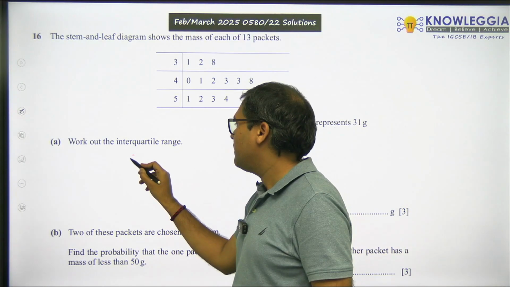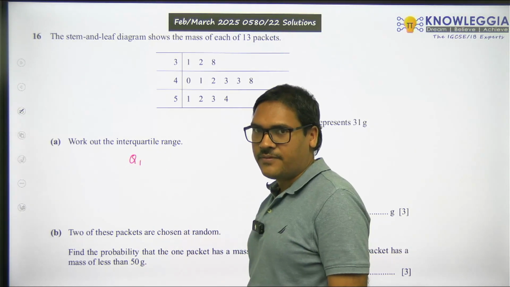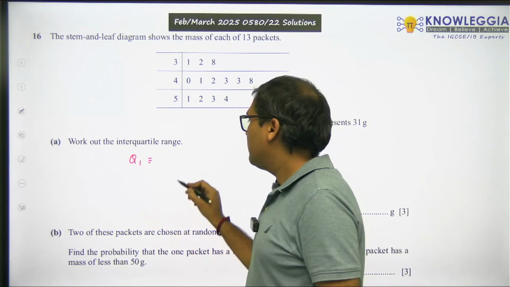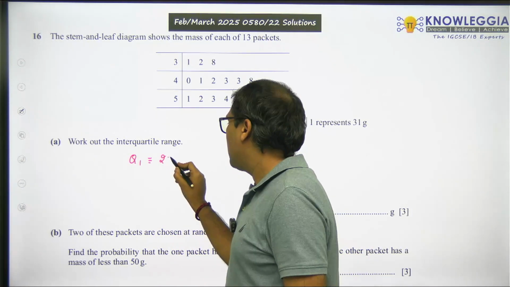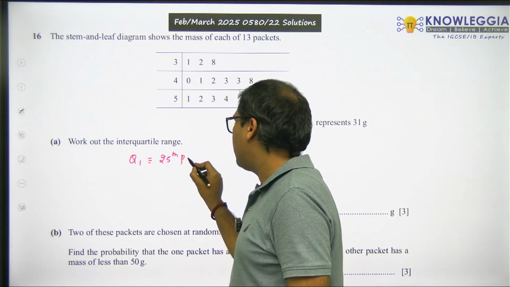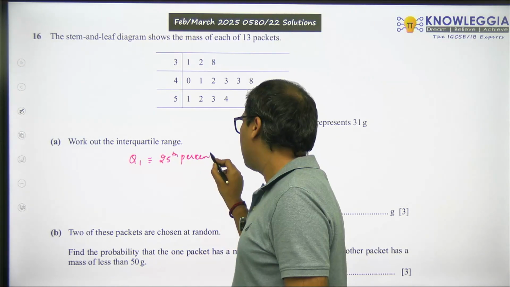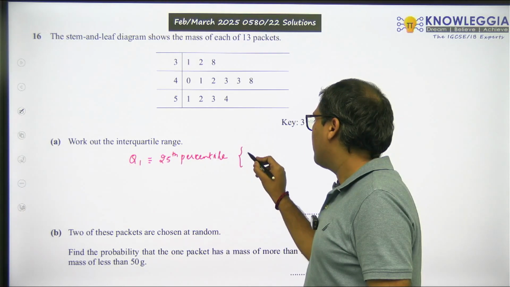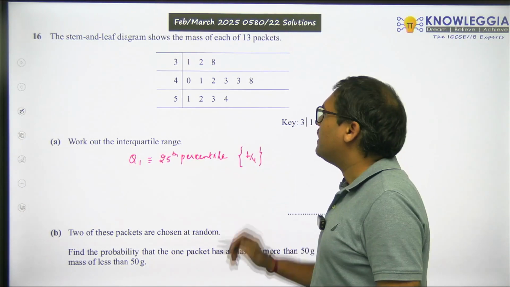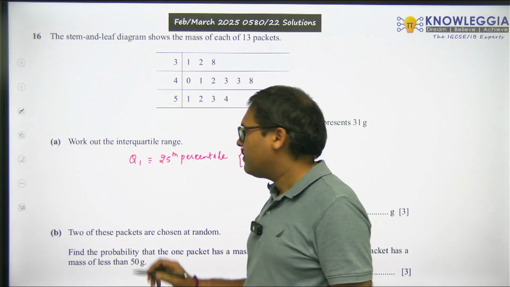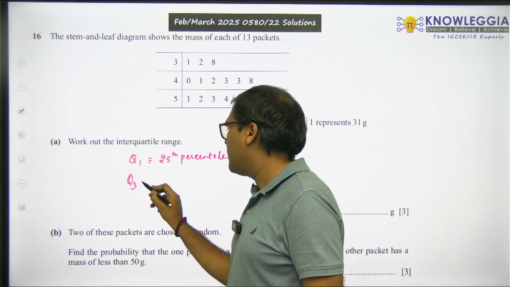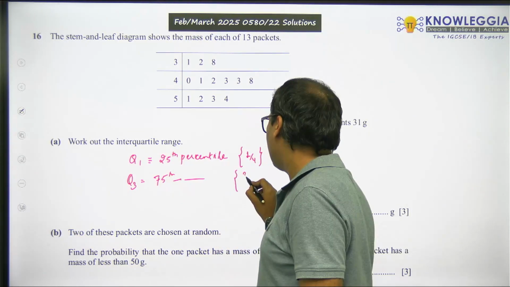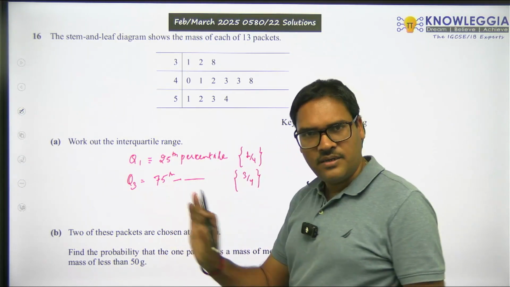It is basically based on Q1, the data at the 25th percentile, or you can say the data at 1/4. And Q3 is the 75th percentile, or you can say 3/4. This is how you can write this.